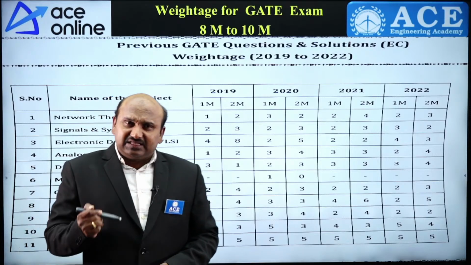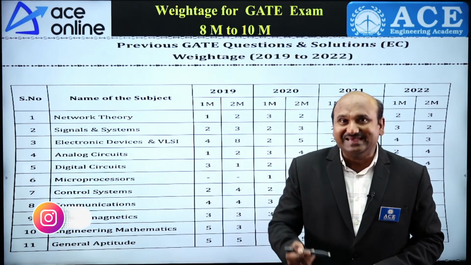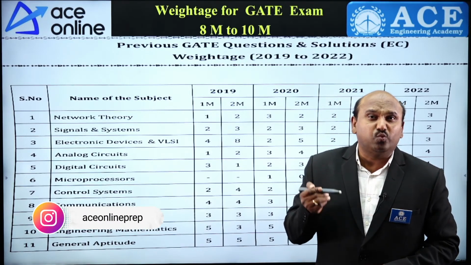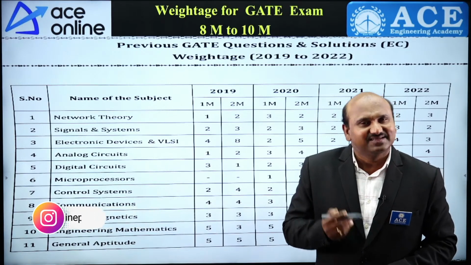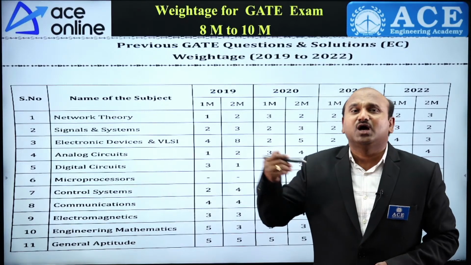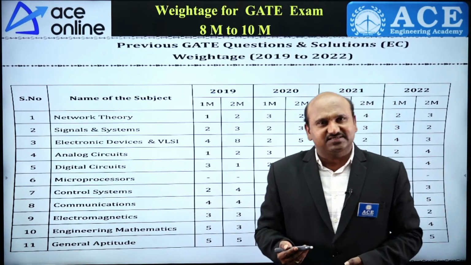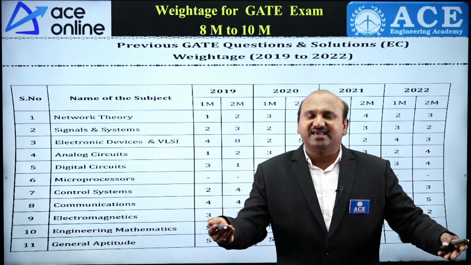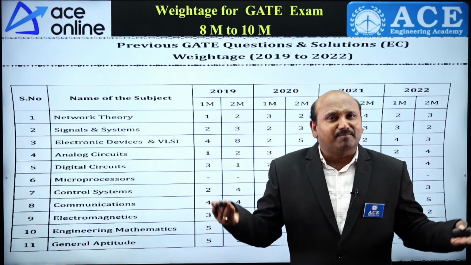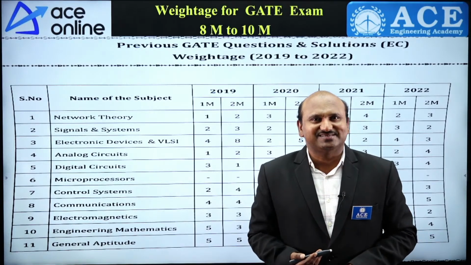And guys, this subject is more important to get marks, not only the network theory subject itself. Once you have strong basics, these basics are very important for the core as well as common subjects. Because you are aware that without using KVL and KCL, you cannot solve any single example or question in the common as well as core subjects.